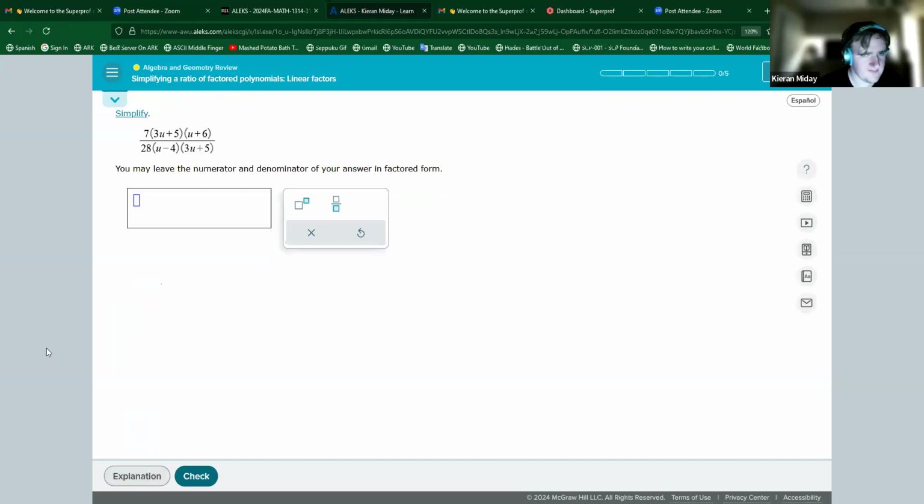All right, so we have 1 and 4, and then we can just forget about these since they don't matter. Exactly. But this is the numerator, so we don't need a bracket for this. No, you will. You're fine. Go ahead.